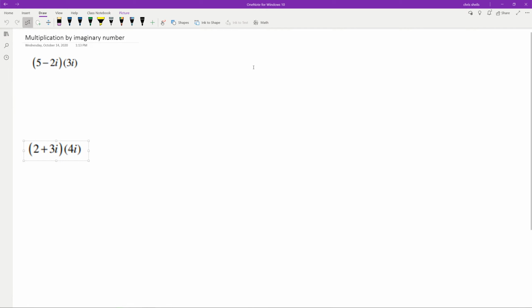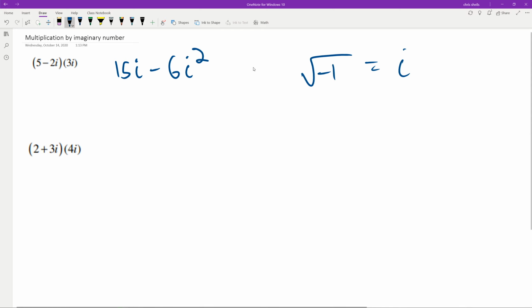Now if I multiply by an imaginary number, let's see, 3i times 5 minus 2i. So this is going to be 15i minus 6i squared. Remember that previously we said that the square root of negative 1 is i, which means that i squared is negative 1.